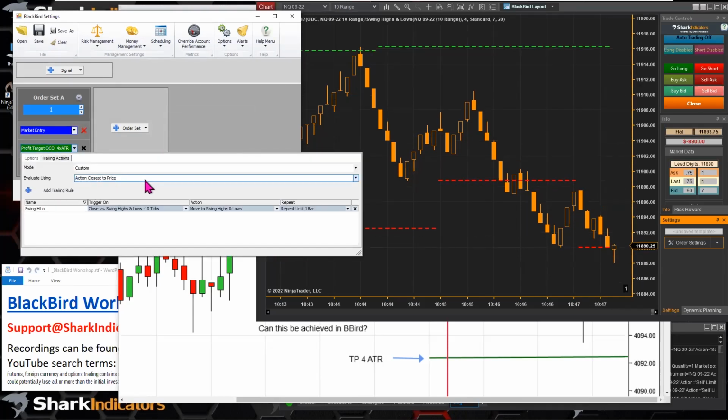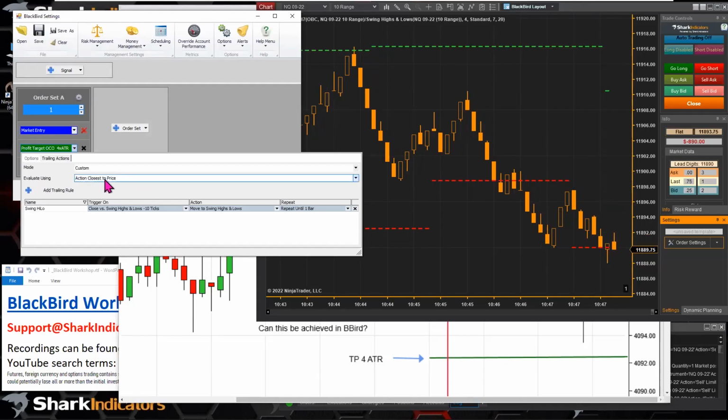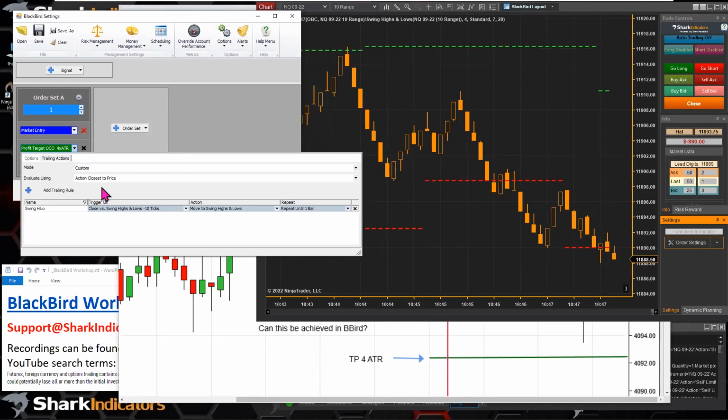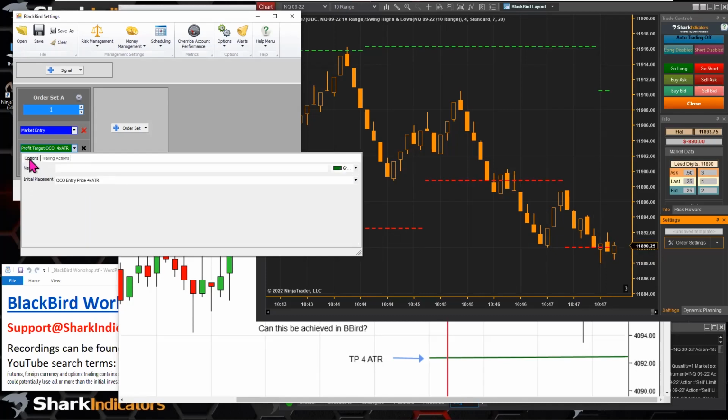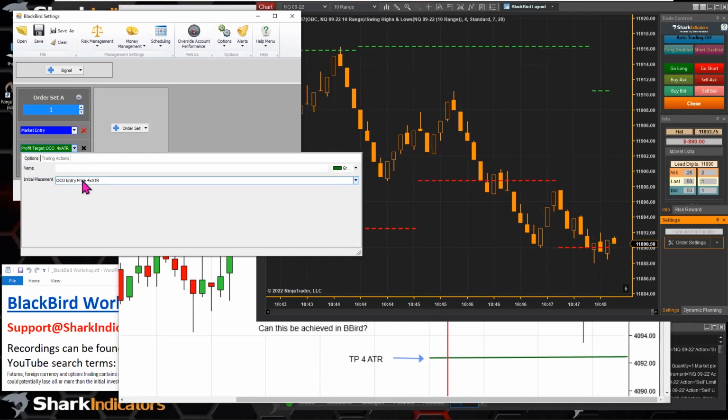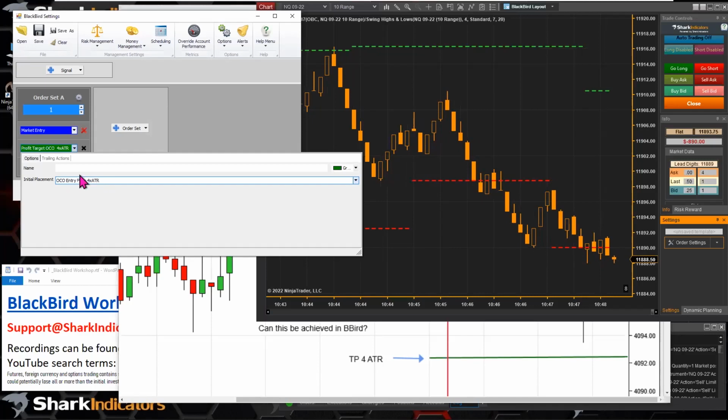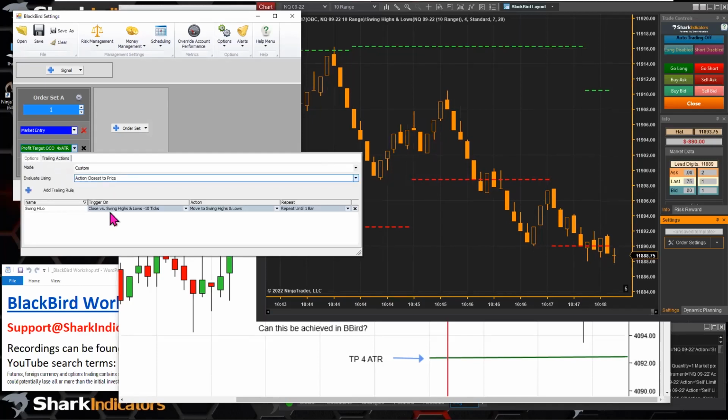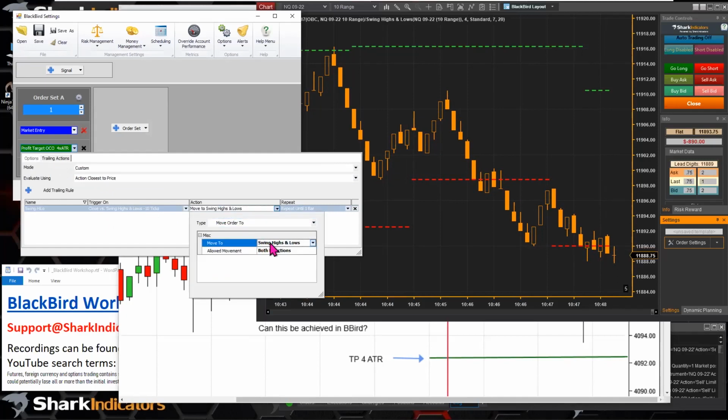So with the evaluate set to closest to price, that tells BlackBird to either keep the profit target at the 4 ATR if that is closer to the market than where the swing high and low is.